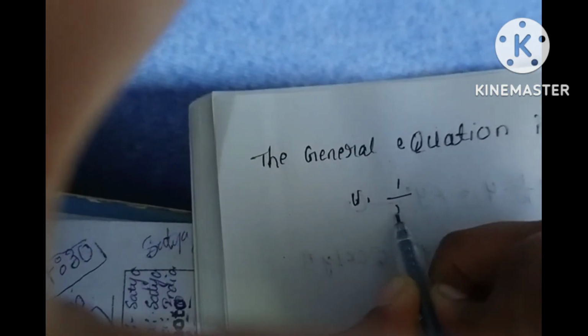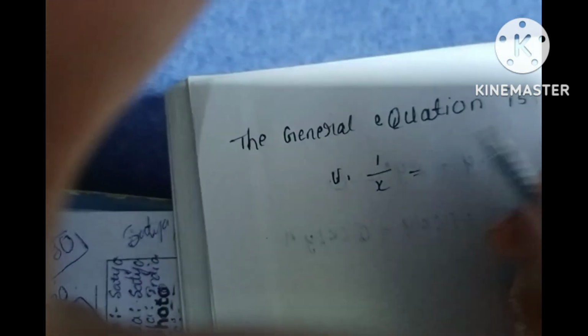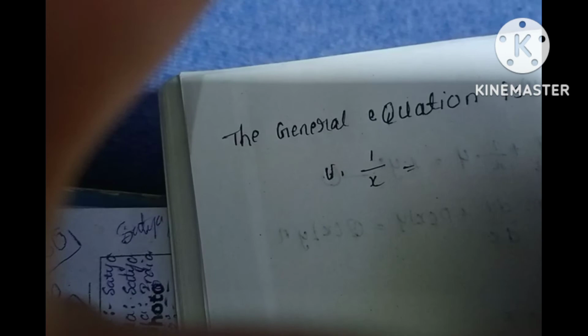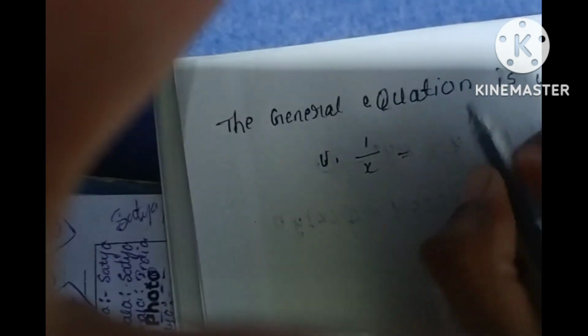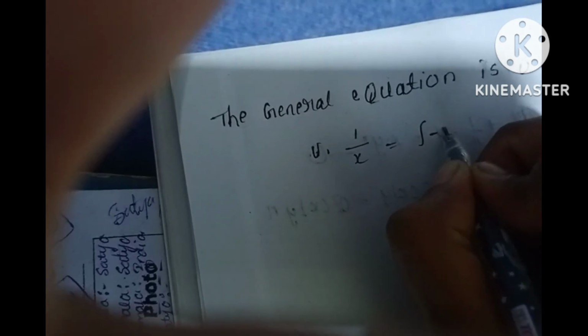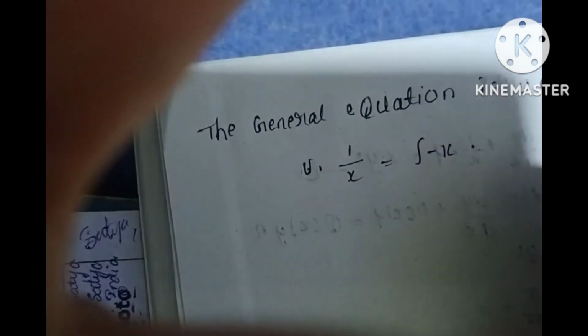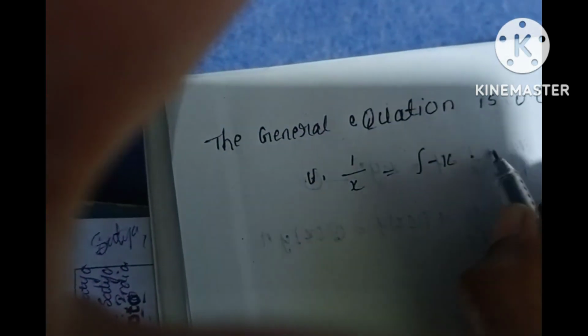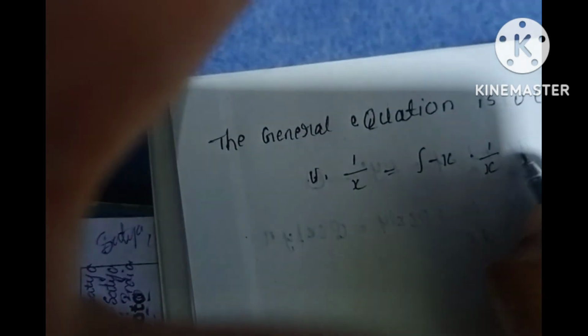So we write u into 1 by x. And q of x is minus x, and the IF value is 1 by x, and dx plus c.